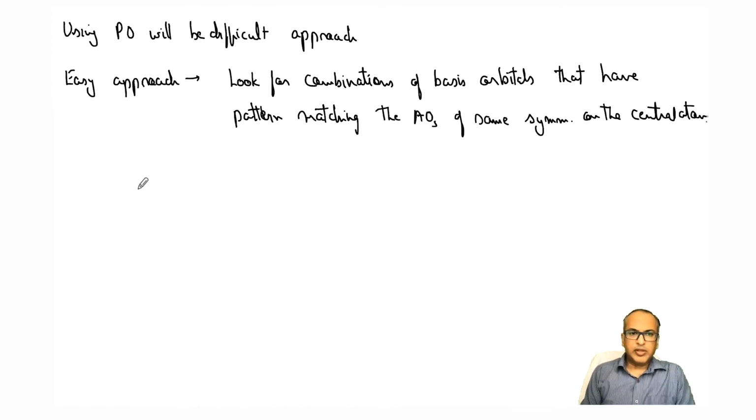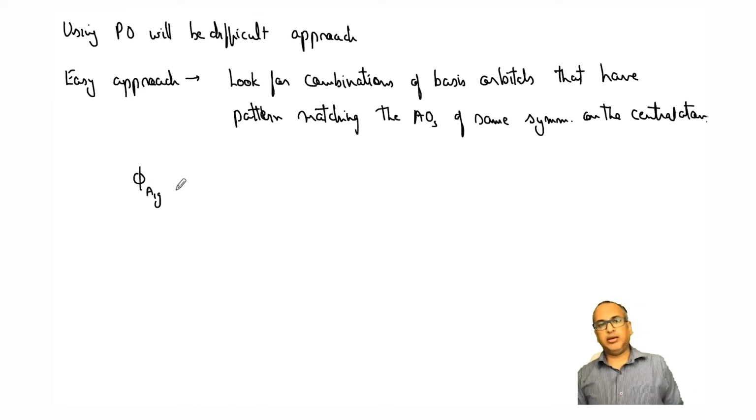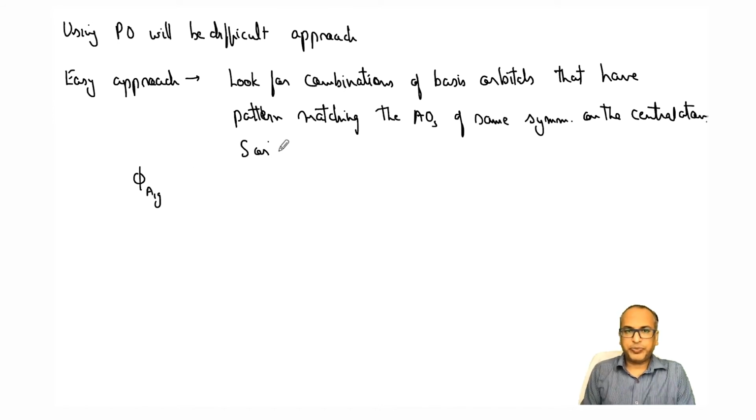So for example, if we want to find phi A1g, earlier what we used to do was take a projection onto any of the basis orbitals using A1g symmetry. But now we want to match the symmetry of A1g with the A1g symmetry atomic orbital of the central metal atom. So which orbital of the central metal has A1g symmetry? That is the s orbital.